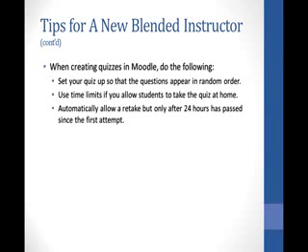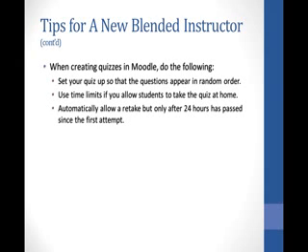My next tip is: when creating quizzes in Moodle, do the following 3 things. Set your quiz up so that questions appear in random order. If your students are going to take the quiz at home, use time limits, and automatically allow a retake, but only after 24 hours.